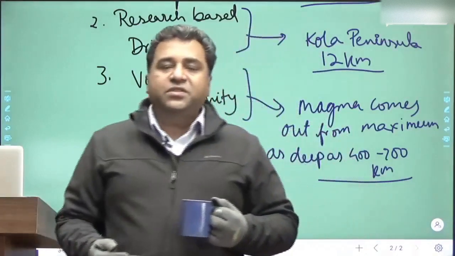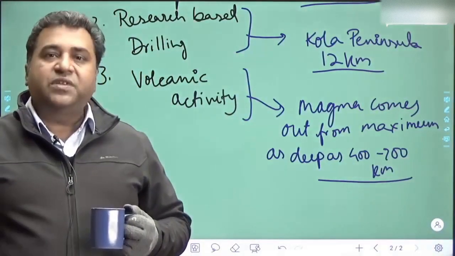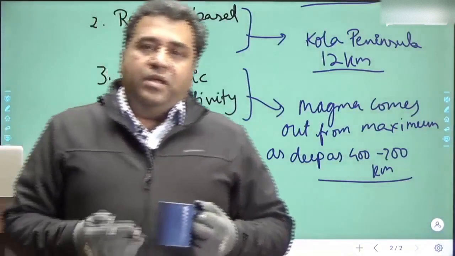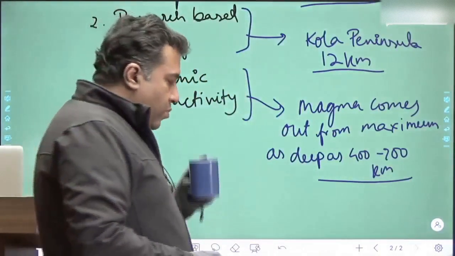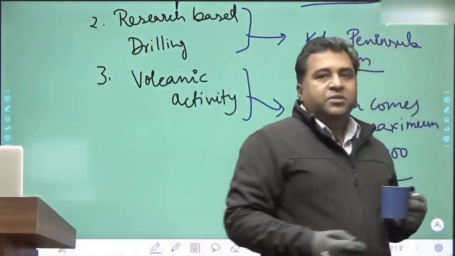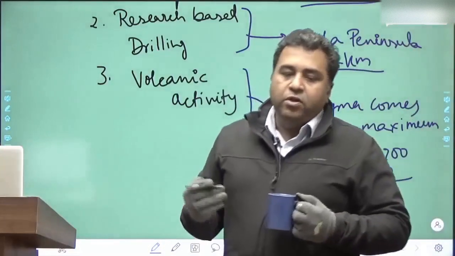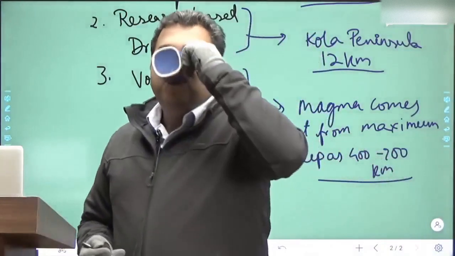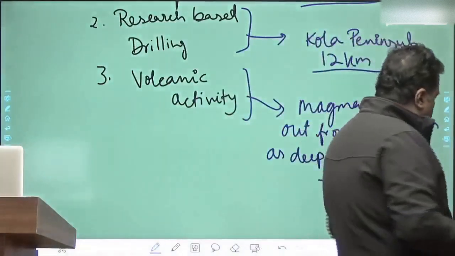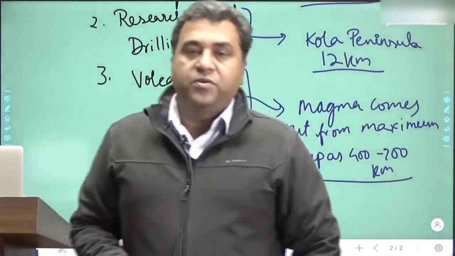Even if we get from 700, for the lower 5,700 kilometers there is no method to get any material. Hence, we cannot use direct methods to understand the interior of the earth.